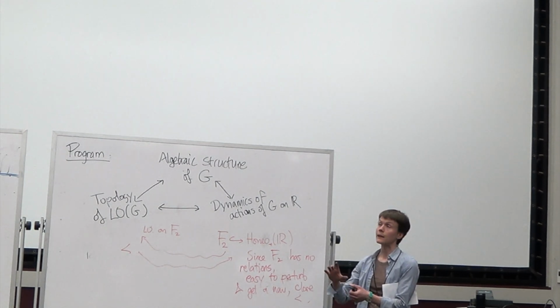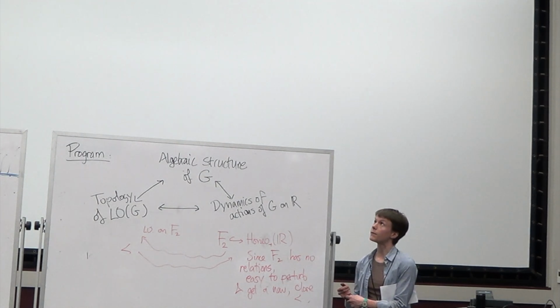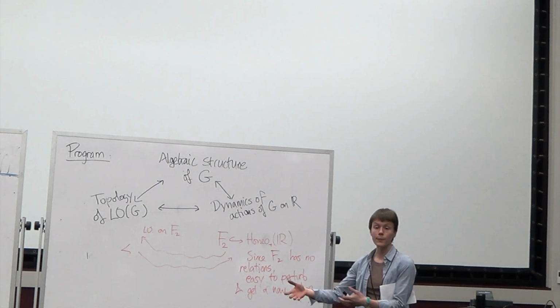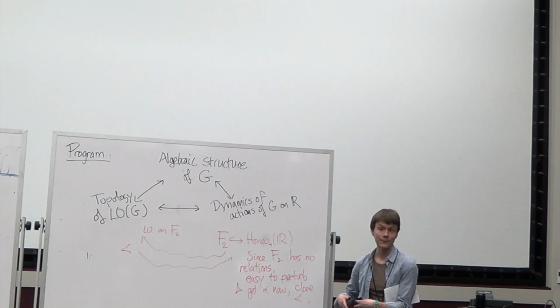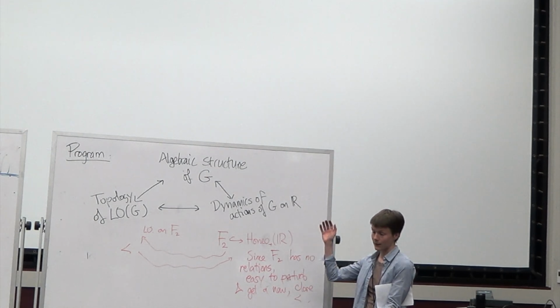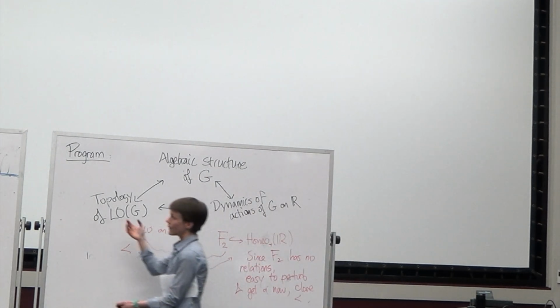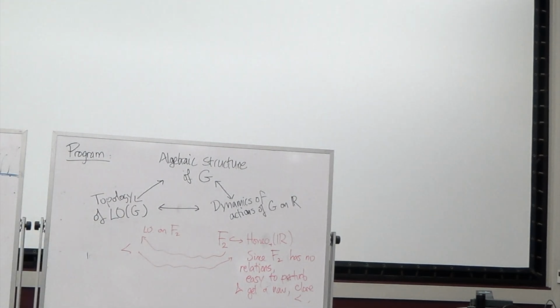There are groups that have finite index left orderable subgroups but are not themselves left orderable. So there exist torsion-free groups which have Z cross Z as a finite index subgroup, so something with a rich space of orders.